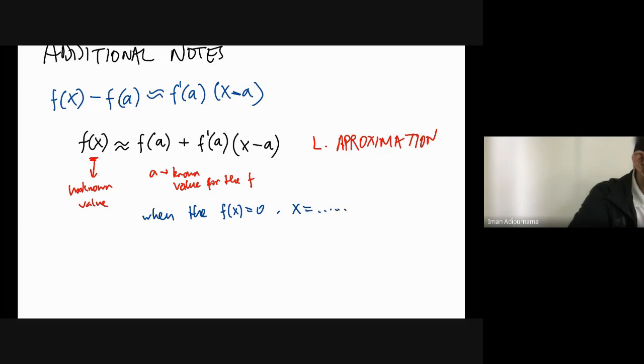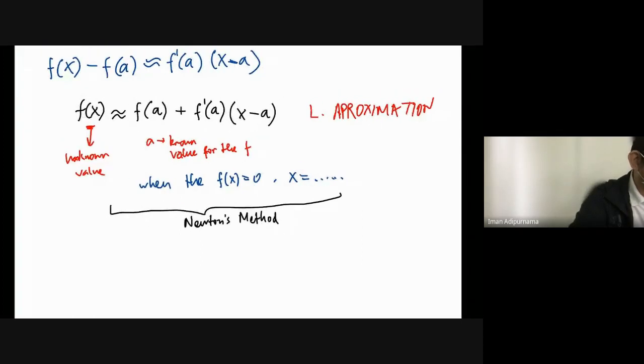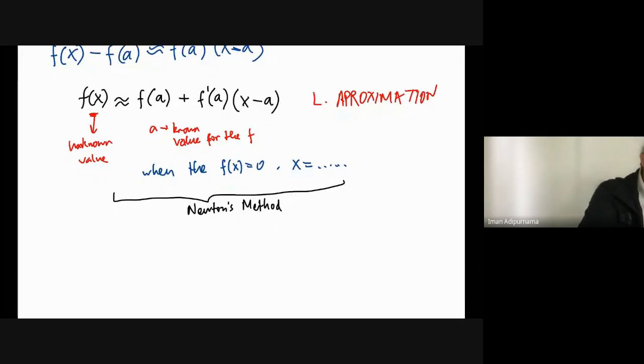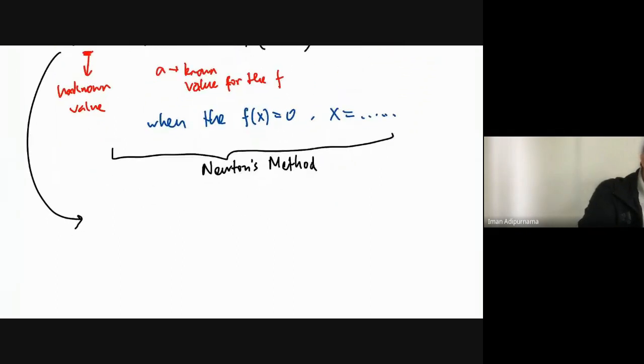This is actually the question for Newton's method, or it can be solved through Newton's method. So let me write what Newton's method means. So when f of x is 0, let's just take the equal.